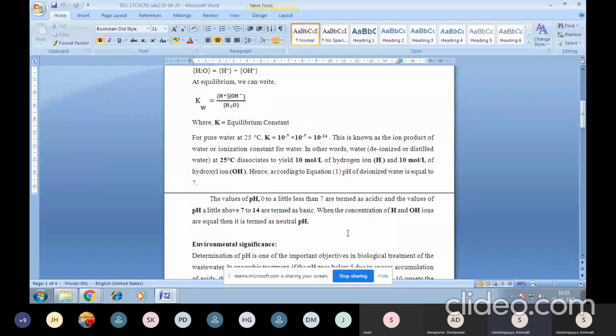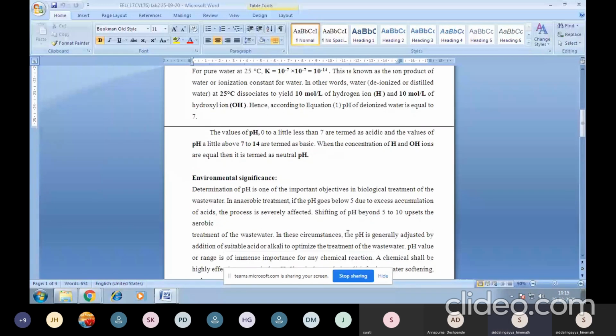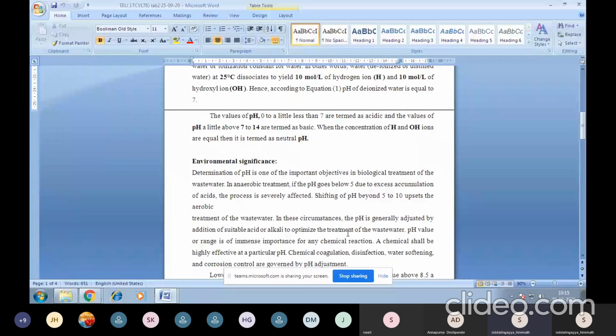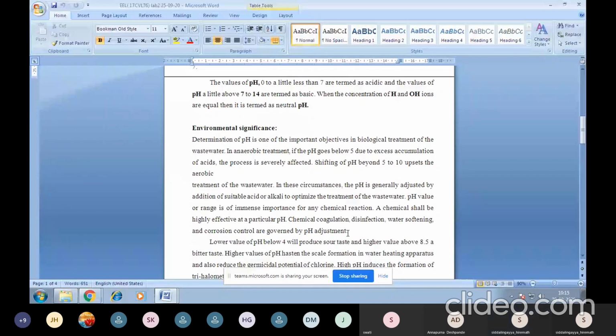pH is equal to 10 plus. It represents the hydrogen ion concentration. Water dissociates to form hydrogen ion, that is H+, and hydroxyl ion, that is OH-.